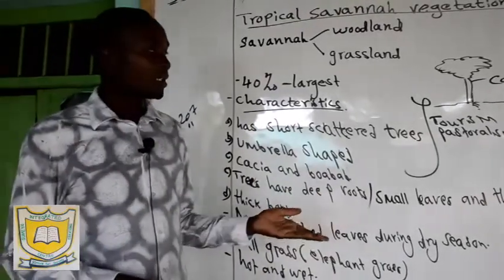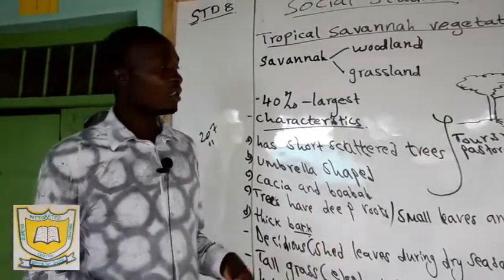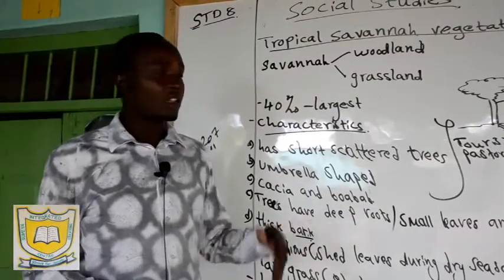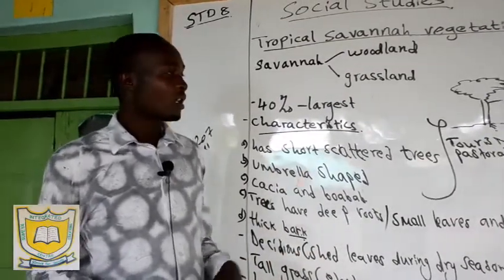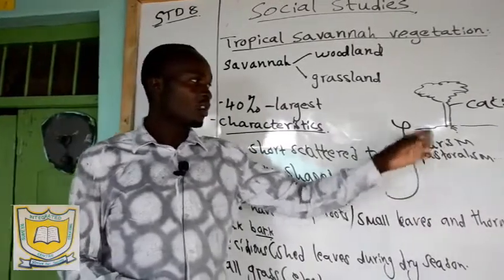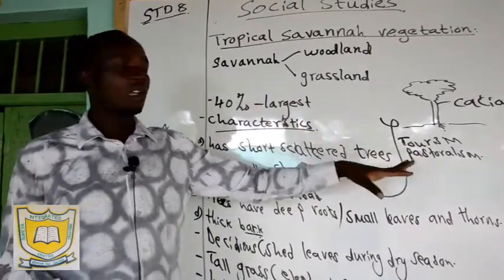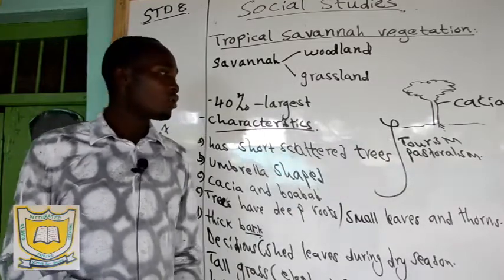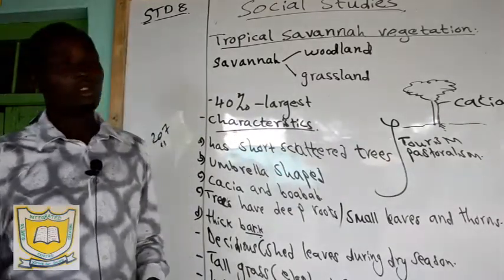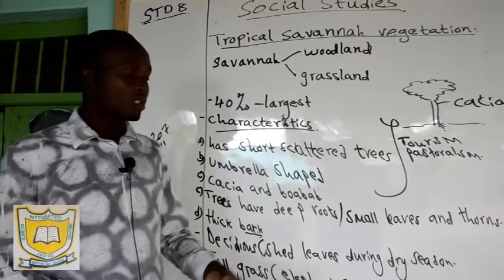You will find very many Maasai looking after their animals there, and also young children passing there, going to school and so on. Then tourism, because we have a lot of wildlife. Major wild beasts are found here, zebra, and also predators like lion and so on. So that's all about vegetation zones.